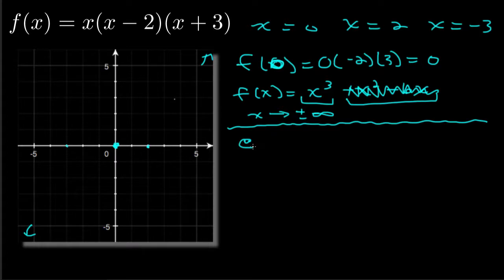So when I'm at x equals 0, I'd like to know what the function does. Well, I don't want to plug 0 into the first term because that would produce 0, and I already know that 0 is a root. So if I leave that first term as an x, I'll plug in 0 at the other two terms.